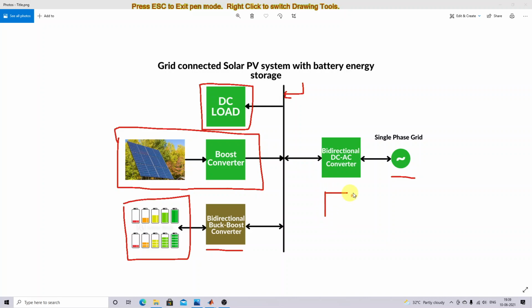That logic is nothing but that we have to take the power of PV and then state of charge of battery. So power of PV, and then we have to take SOC of the battery. So these two parameters are going to be combined with some predefined value.